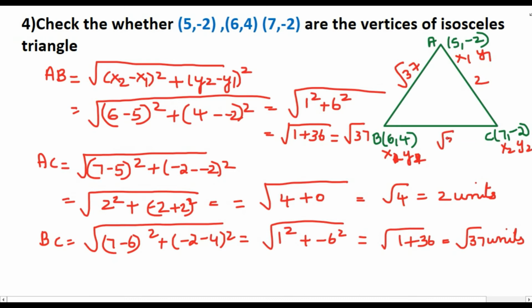This is also root 37 units. We can see that side AB and side BC both have the same length, root 37 units. So these are vertices of an isosceles triangle since AB is equal to BC. In an isosceles triangle, two sides will be equal.